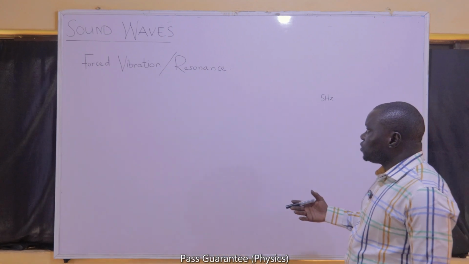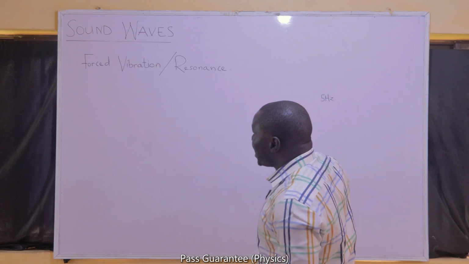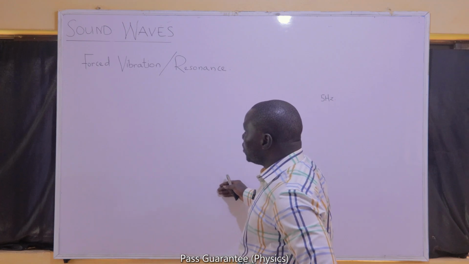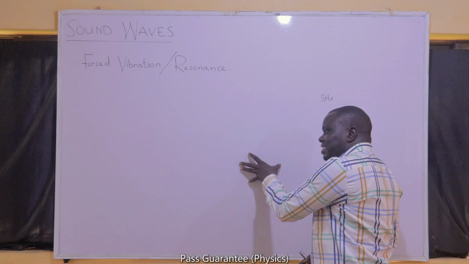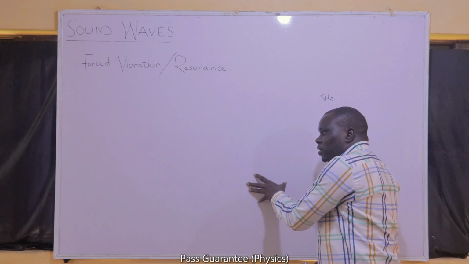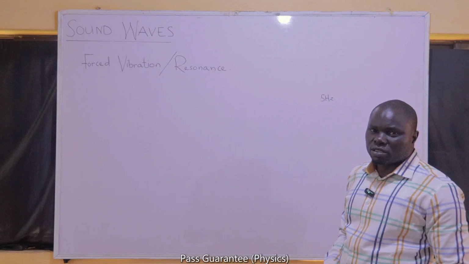So I will define forced vibration as those vibrations that result from an external periodic force acting on a system and setting the system vibrating with a frequency that is equal to the frequency of the external periodic force.